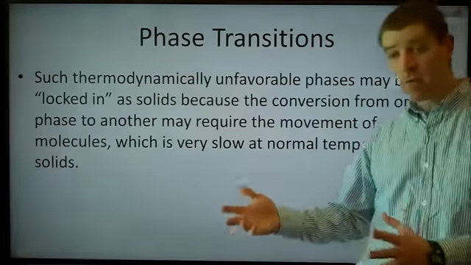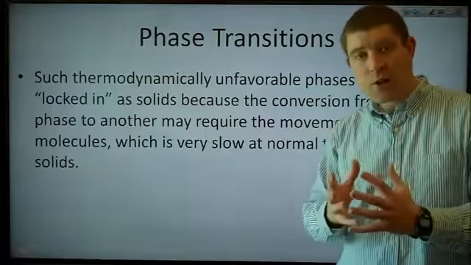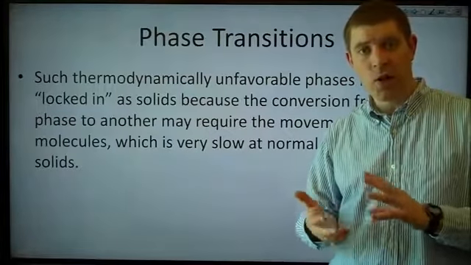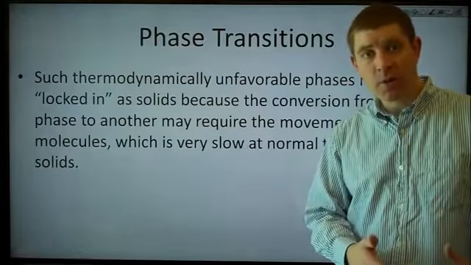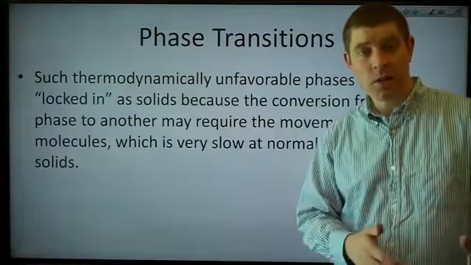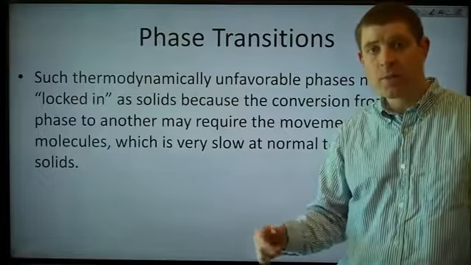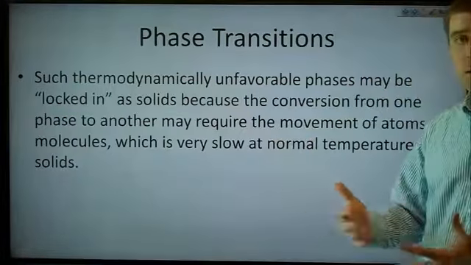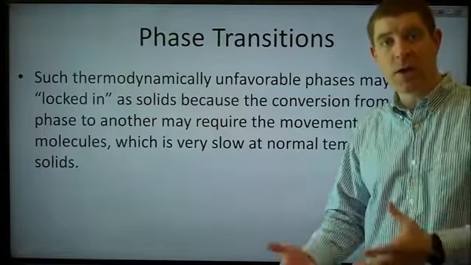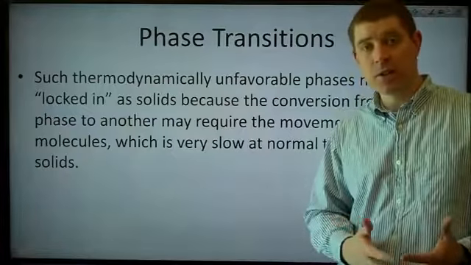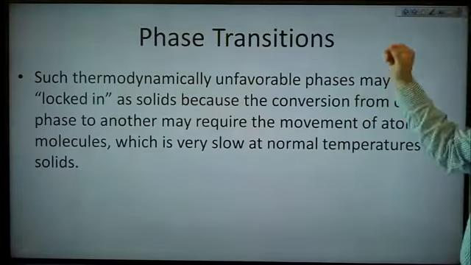So for diamond, we need to break the tetrahedral geometry around each of the carbon atoms and form the trigonal planar geometry around the carbon atoms that exists in graphite, in sort of the sheets of aromatic rings. And that process is really kinetically limited. It takes a lot of energy to break those bonds. Even though you get back more energy, the activation energy is just so high that the rate at which it occurs at room temperature is so low.